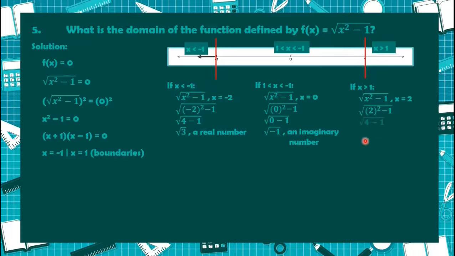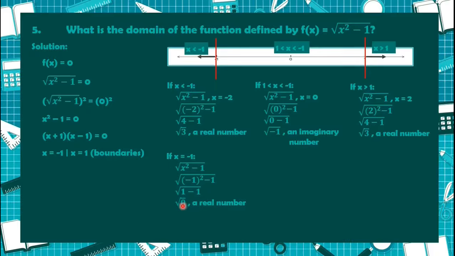Square root of 2 squared minus 1, square root of 4 minus 1. Then we have the answer square root of 3, a real number. This means all values greater than 1 are solutions for this function because it outputs a real value of y.